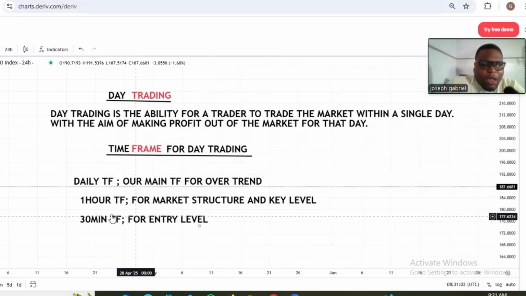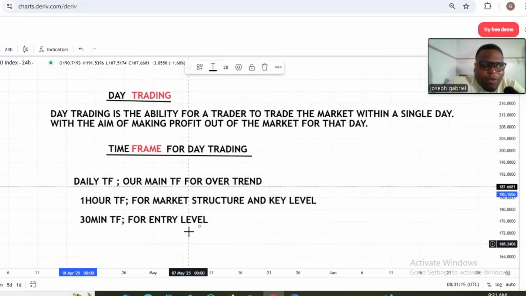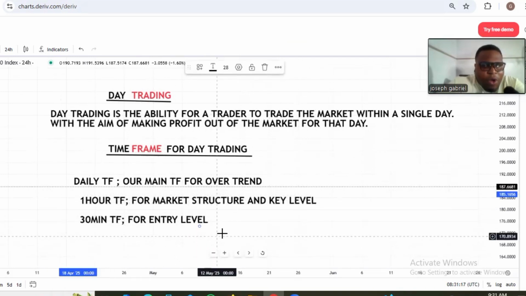The daily time frame is our main time frame for overall trend, the 1 hour is for market structure and key level, and 30 minutes for our entry. I'm going to make it very easy so that you can understand every single thing about this day trading.